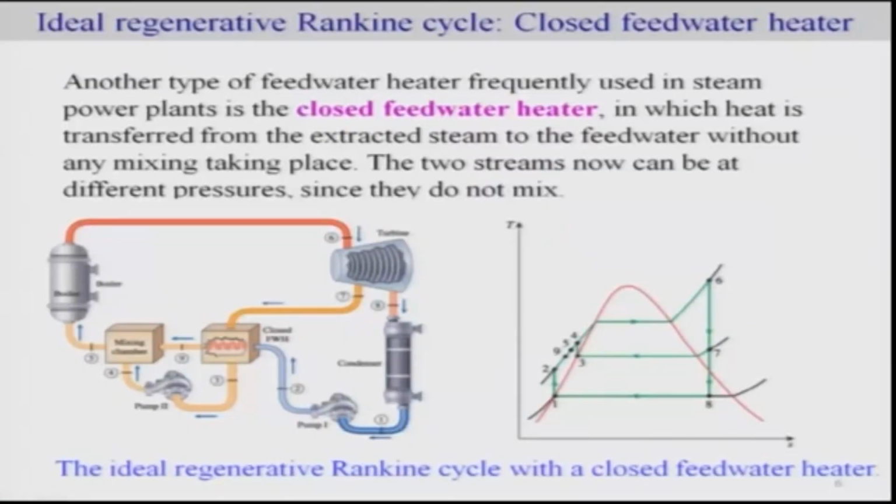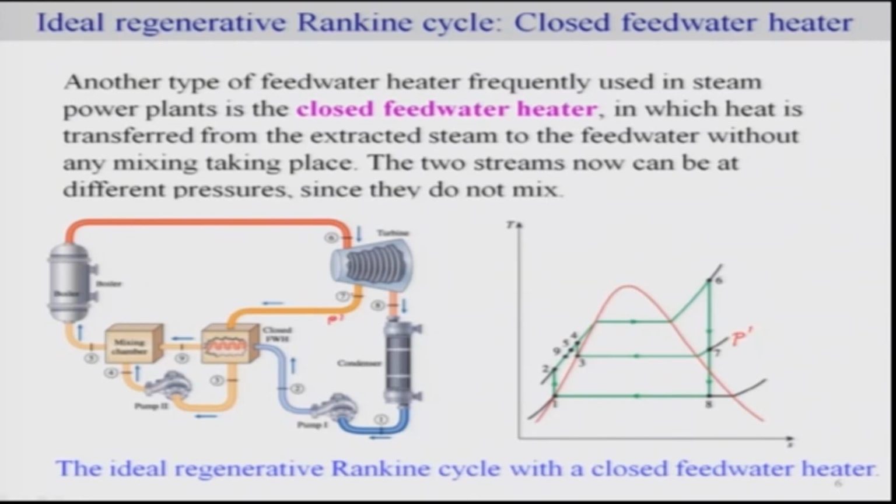So, let us look at how it can be done, and particularly how it looks on a TS diagram. The process is the same. So, for example, you can consider 6, which is your working fluid, and here this is your stream, which undergoes extraction, where some part of it is extracted as 7, okay, and this is at a different pressure. You can see this is at pressure, let's say P dash, okay.